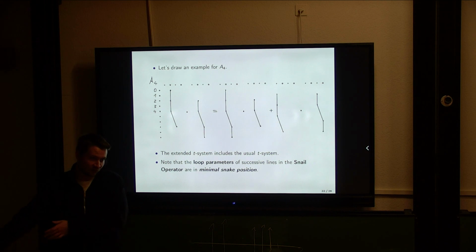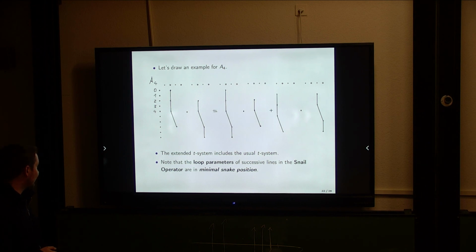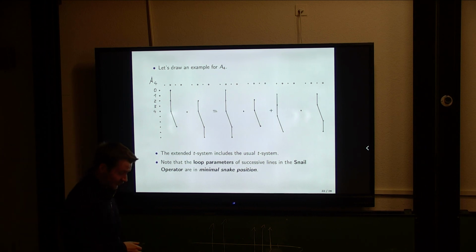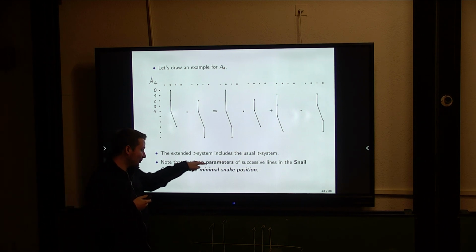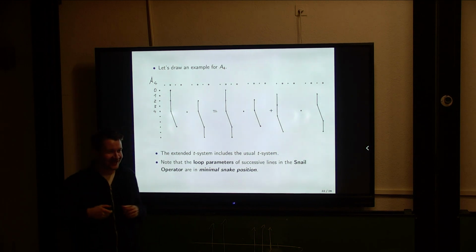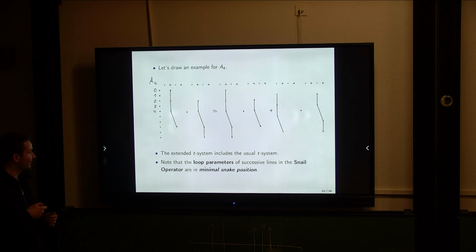And then we get back the usual T-systems. Right. So looking back at our snake construction, we see that the loop parameters of successive lines in our snail are in minimal snake position with respect to each other.